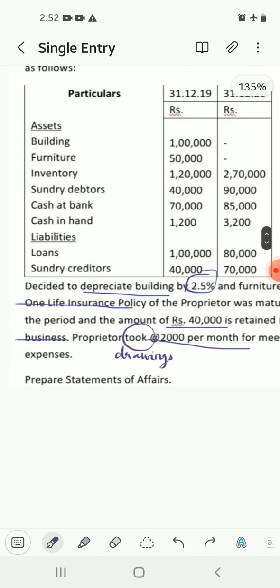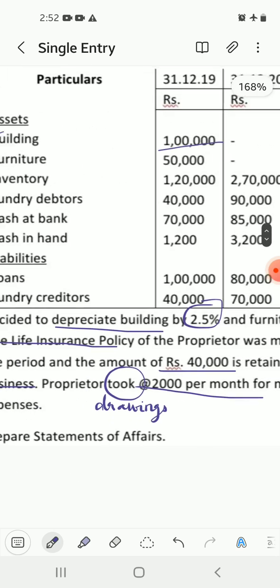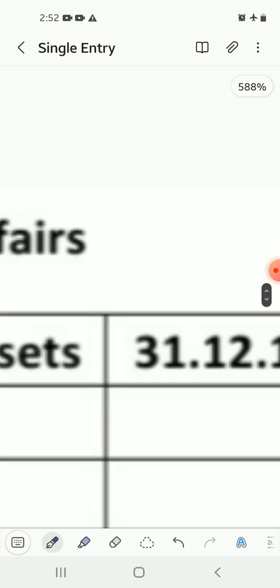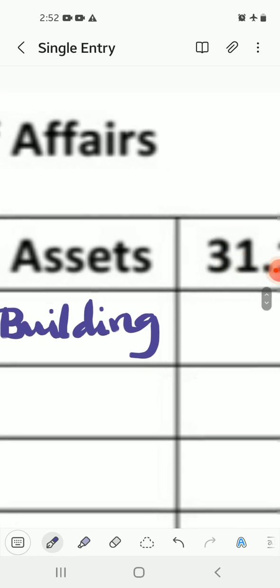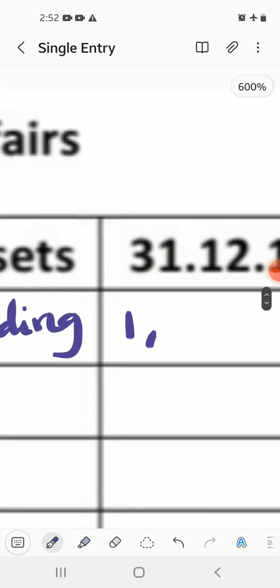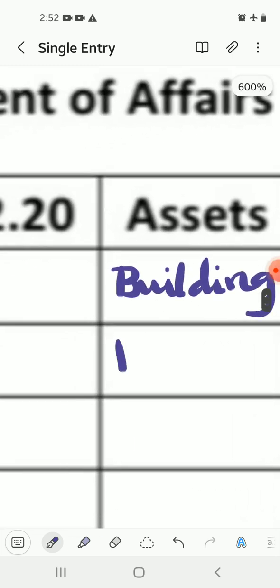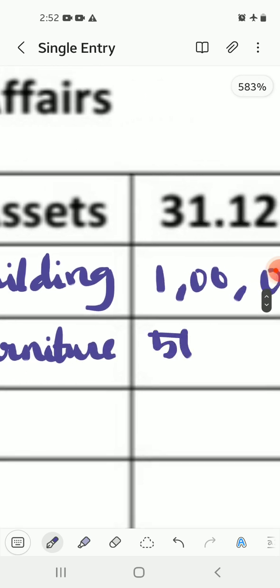So we can see there is asset building 1 lakh and furniture 50,000. Let's write it on the asset side. Building 1 lakh and furniture 50,000.